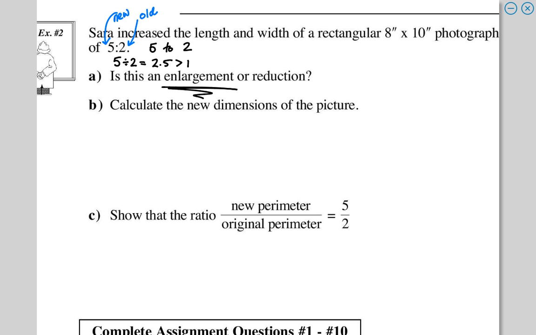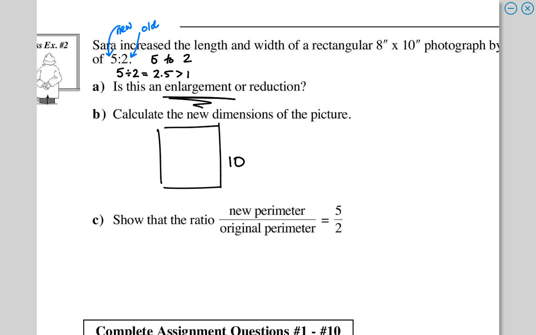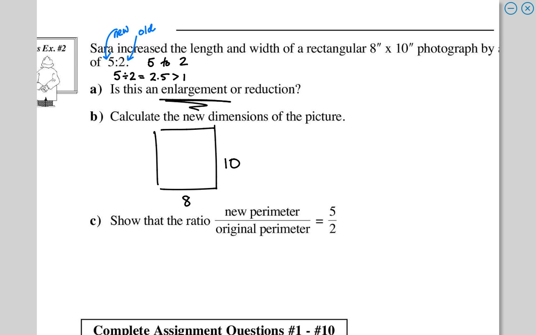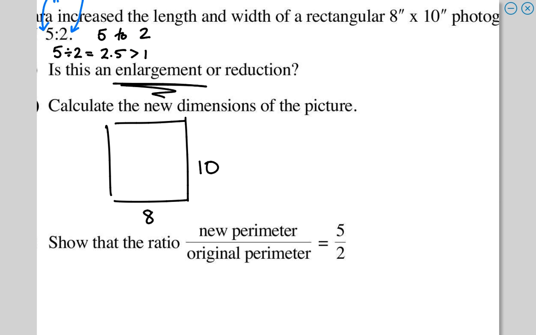Calculate the new dimensions of the picture. So, the 8 by 10 photograph. This is 10, this is 8. It's very simple if you know the scale factor. All I have to do is take each dimension and multiply by the scale factor.